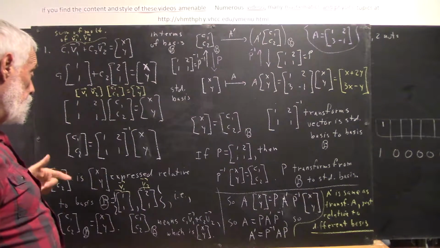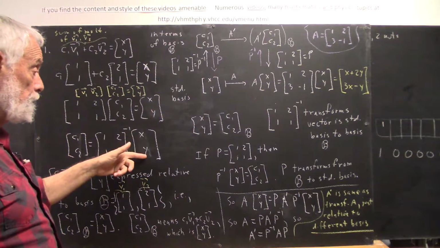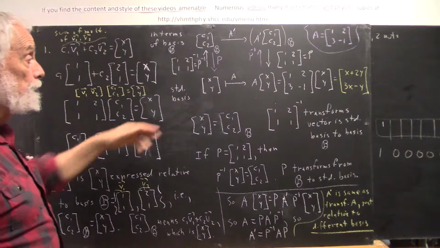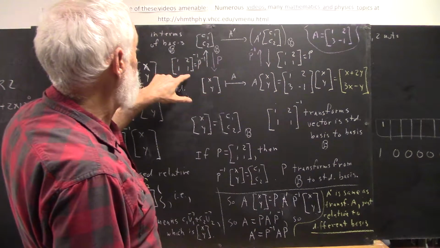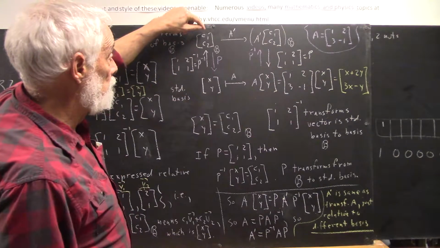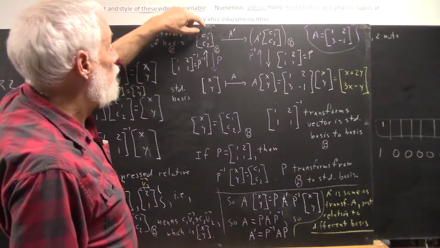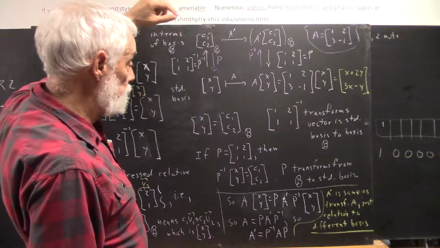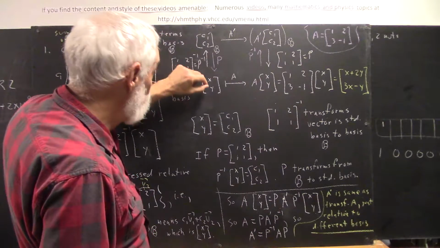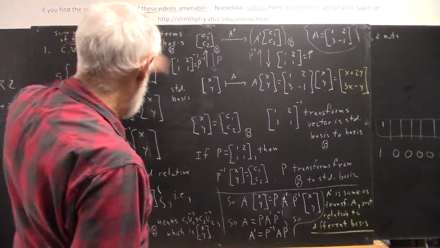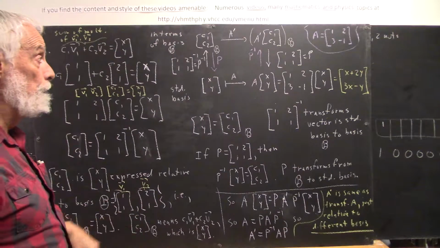That'll be your C1, C2, the representation of the xy vector in the new basis. So, xy, using this matrix, gives us C1, C2, and that C1, C2 represents our same vector, but relative to the basis that we have here.